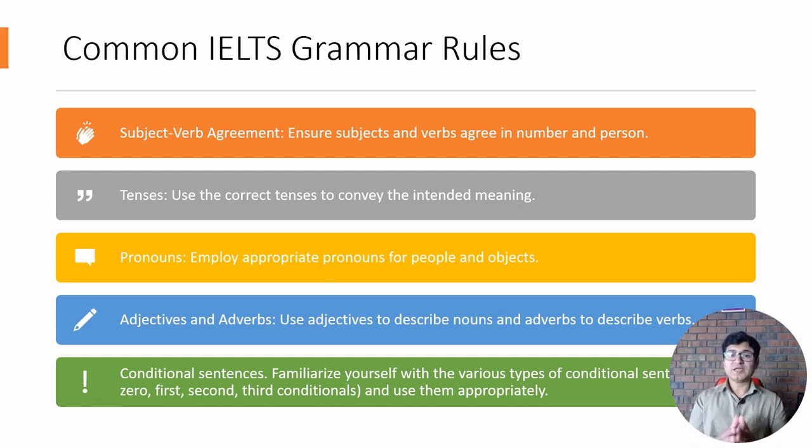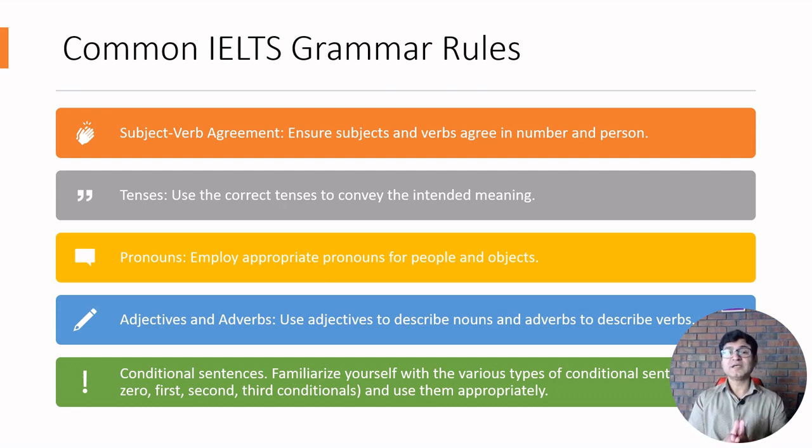Subject-verb agreement. So you need to ensure that subjects and verbs agree in number and person. For example, the cat eats fish. You will not say the cat eat fish, because that will be a wrong sentence. So learn where to put S and ES when it comes to present simple tense.